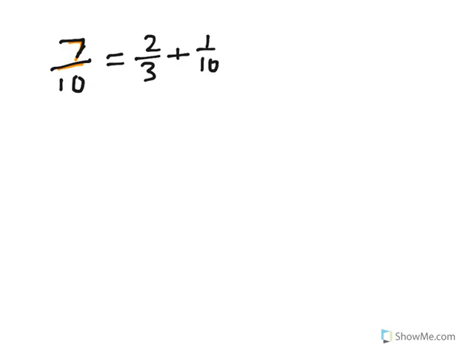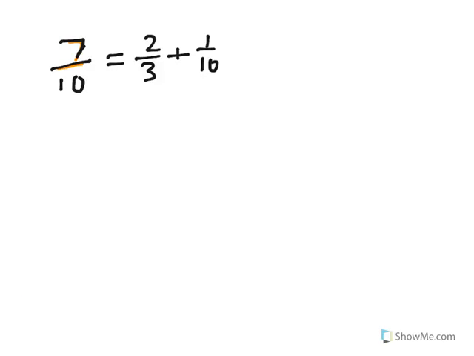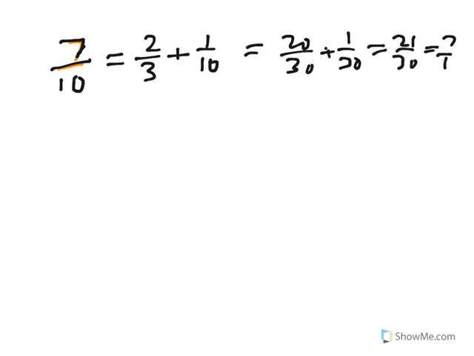So let's just say, we have the 2 over n chart, we don't have a 7 over n chart, so I'm telling you right now that 7/10 is 2/3 plus 1/10. If you don't believe it, get common denominators. 20 over 30 plus 1 over 30 equals 21 over 30 equals 7 over 10.